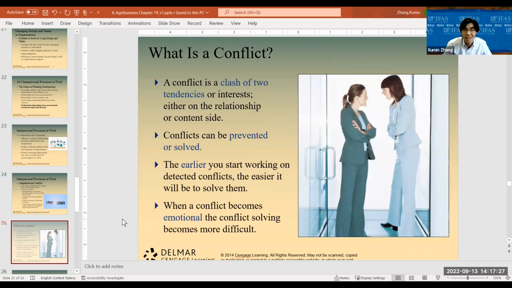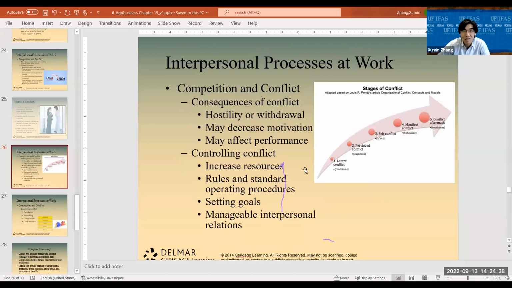What is conflict? Just read this through. As you can see, conflicts can develop from latent conflicts to perceived conflicts, and from felt conflicts the conflicts become more obvious, more apparent. And then this is the manifest conflict. This is the conflict aftermath, right?